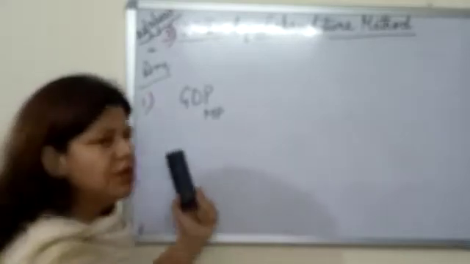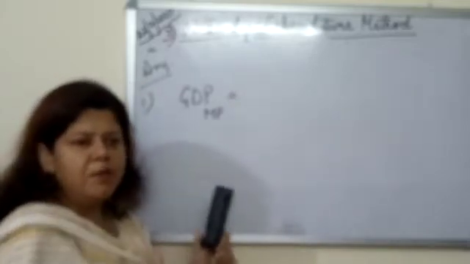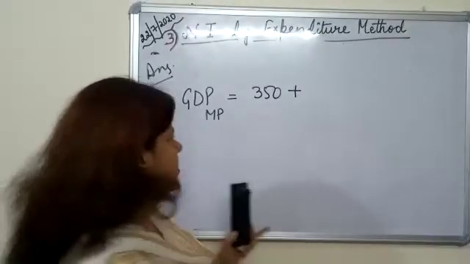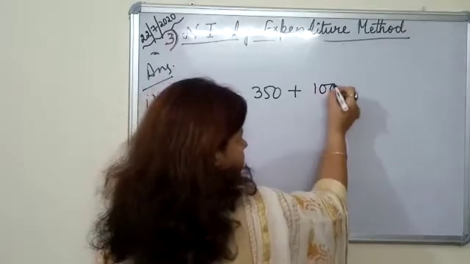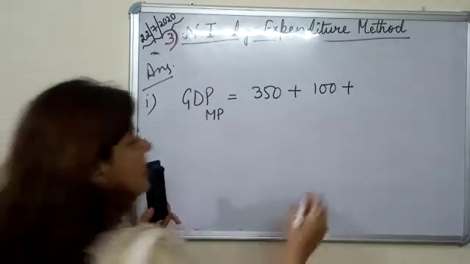So what we have to calculate is gross domestic product at market price, one thing. Here from this only we will calculate the second thing. Now first thing in the formula is final private, that was 350, plus the government final consumption expenditure was 100, plus the gross investment which is given in the question is 90.